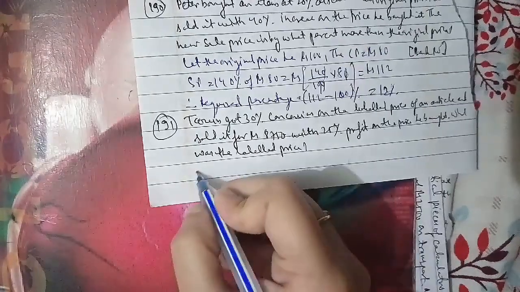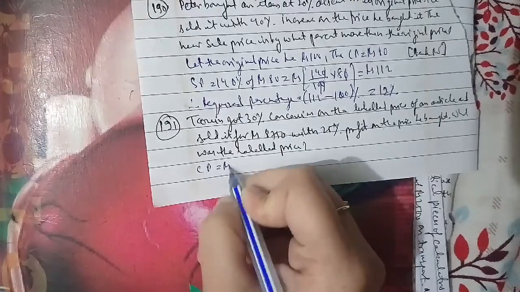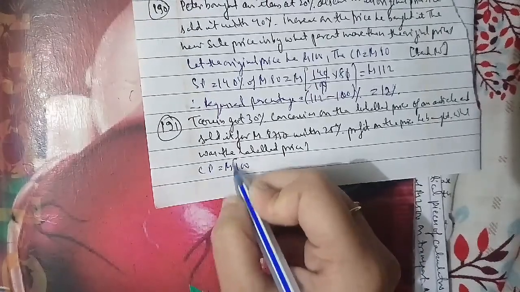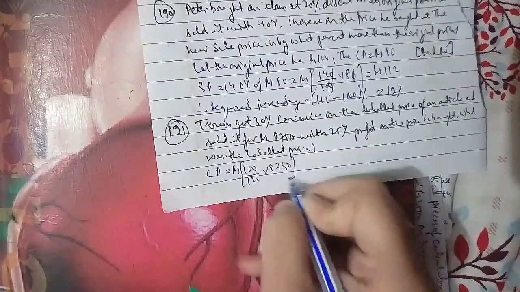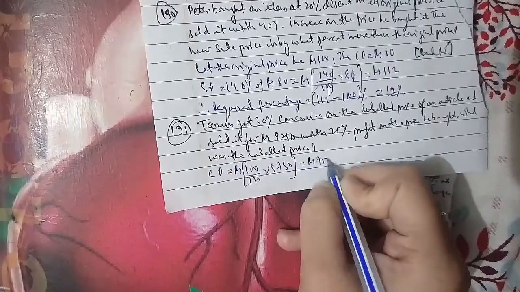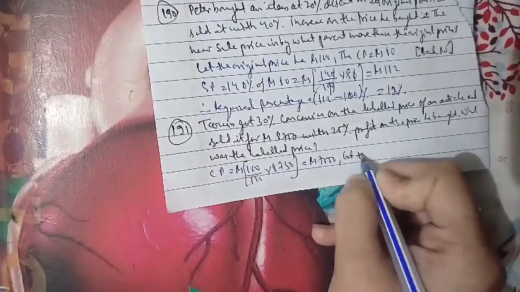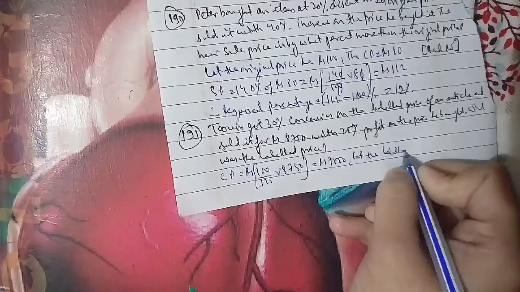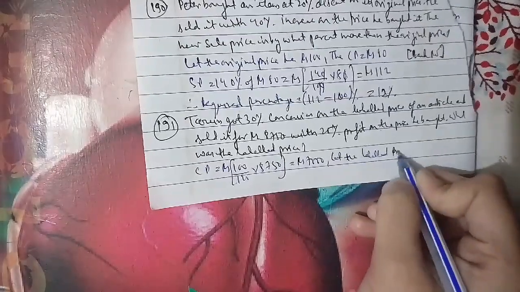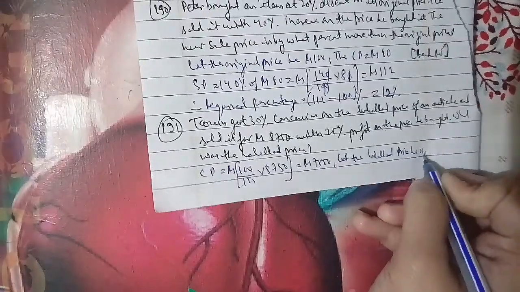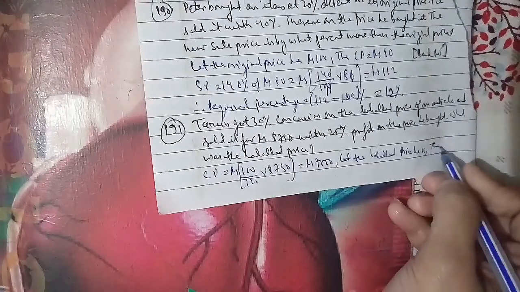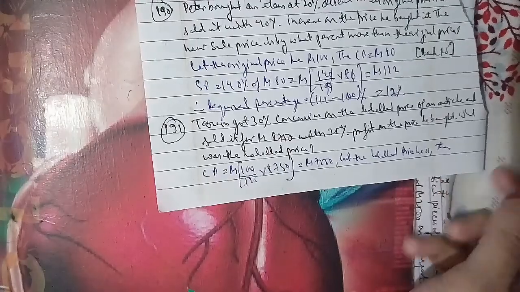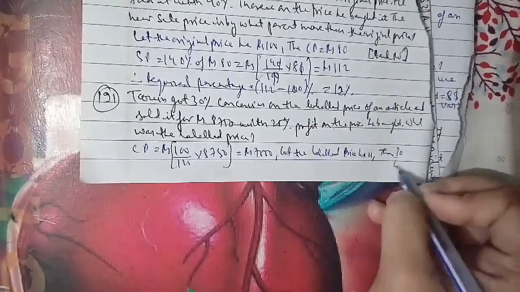Let the labeled price be X. Then 70 upon 100 X equals 7000, and X equals 7000 into 100 upon 70.